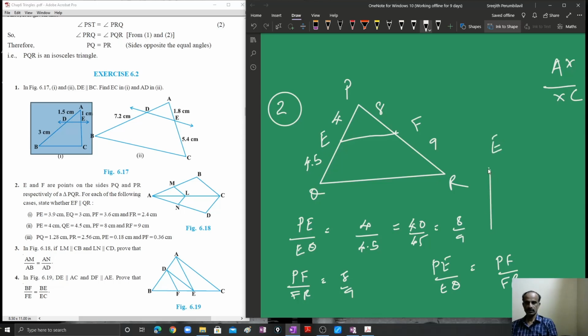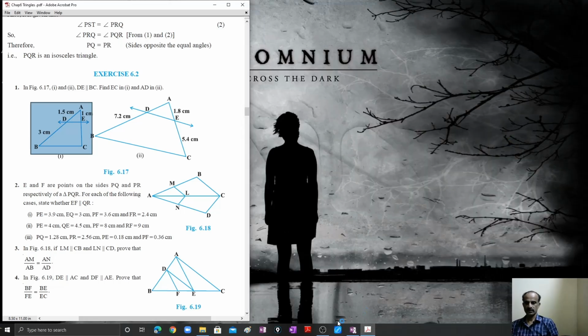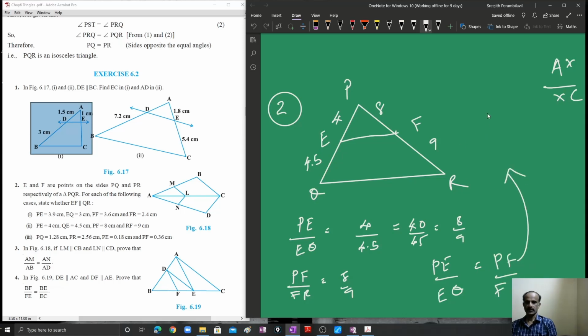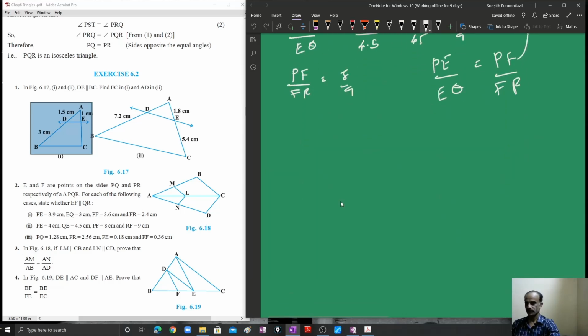Therefore PE by EQ is the same as PF by FR, so we can conclude that EF is parallel to QR. Similarly, you try the other questions the same way: ratio same or not. If there are additional questions based on this, we will do them in the worksheet, board questions based on that.